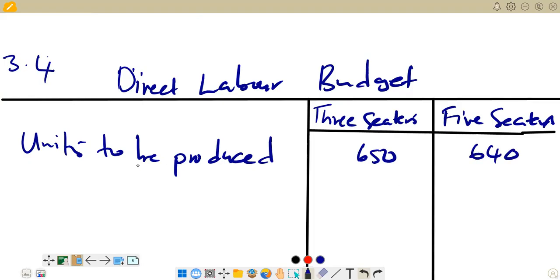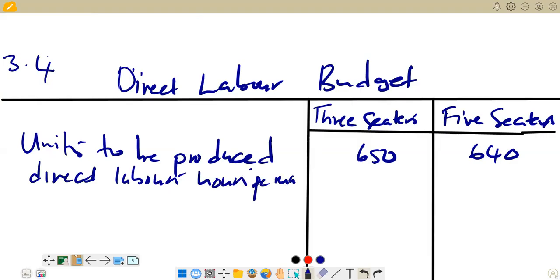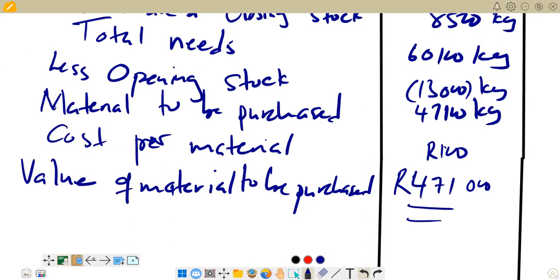Now we want to know the direct labor hours per unit. Here we are saying per unit. We can go back to check what we have.